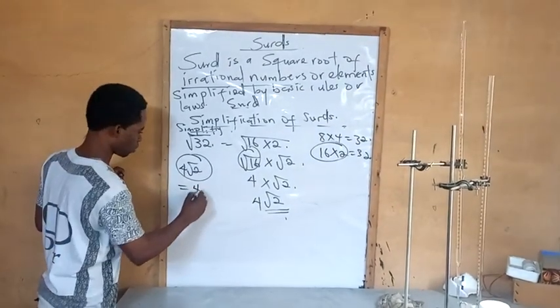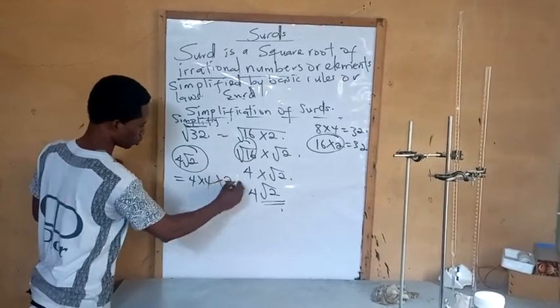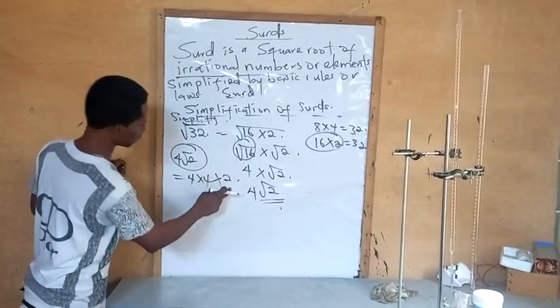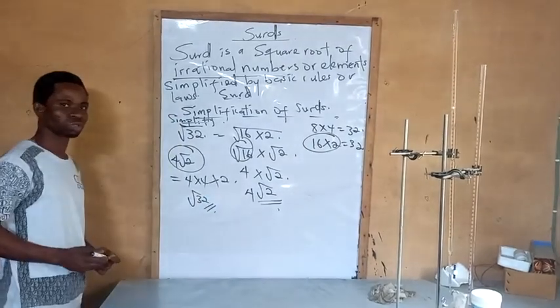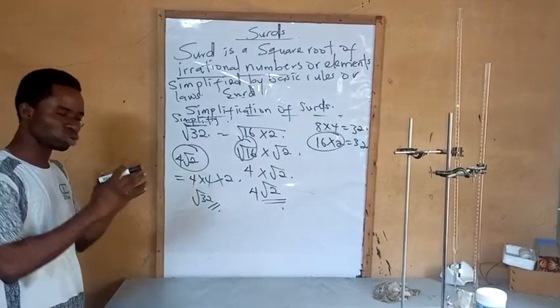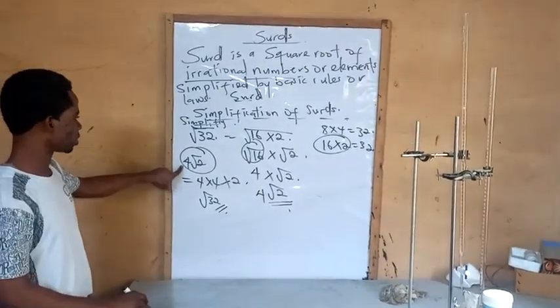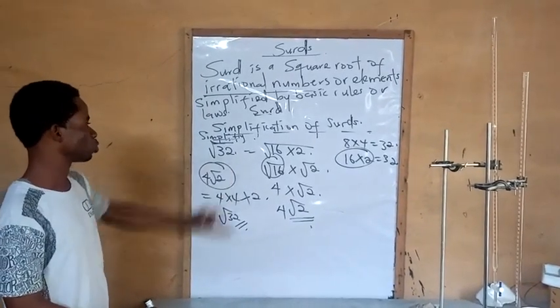Like 4 times 4 times 2. 4 times 4 is 16, and 16 times 2 is 32. If you are given something like this and they ask you to write it as a single surd, just multiply this one twice and multiply by this one. So it will give you this.